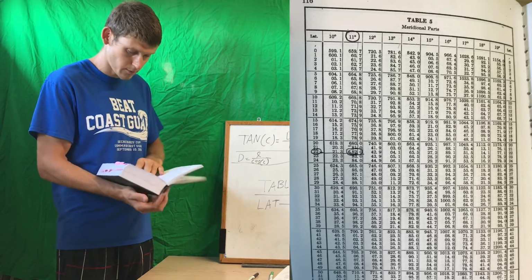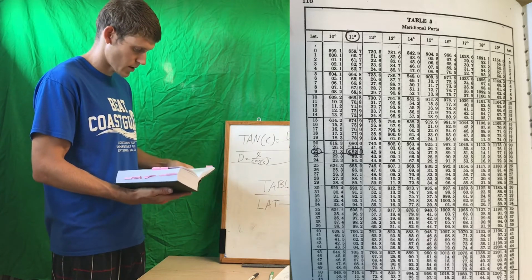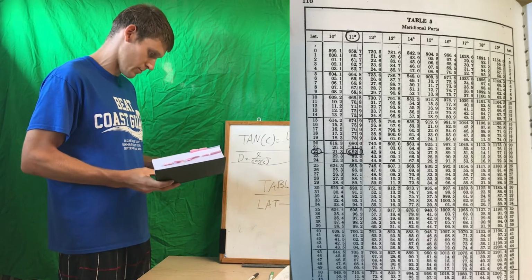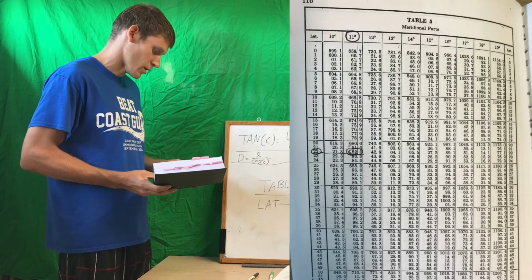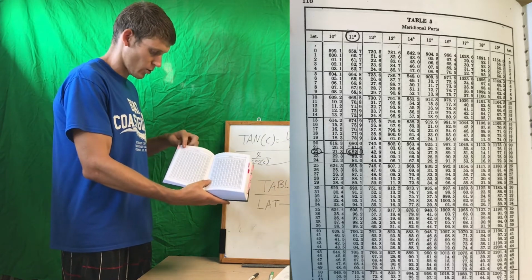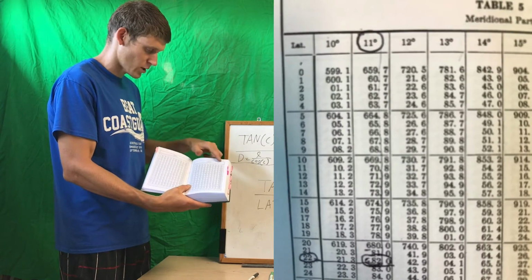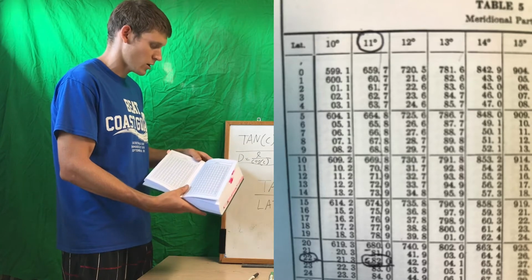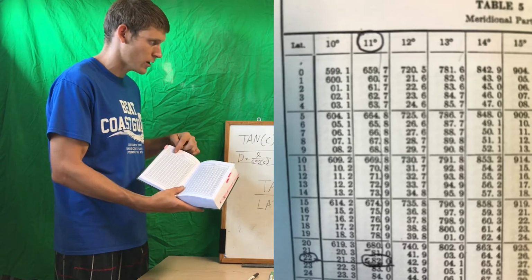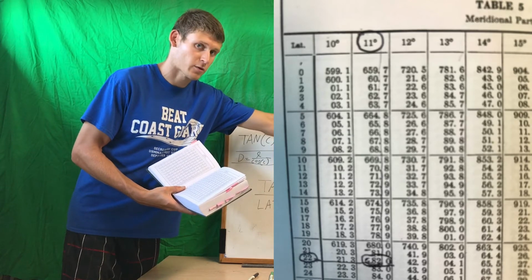So what you do, and I'll put a picture up on the screen, is you open up the book and you keep flipping through Table 5 until you get to the page where you have the latitude. The latitudes are at the top of the page. You flip open to the page until you find the latitude that matches your degrees of the latitude you're trying to convert.